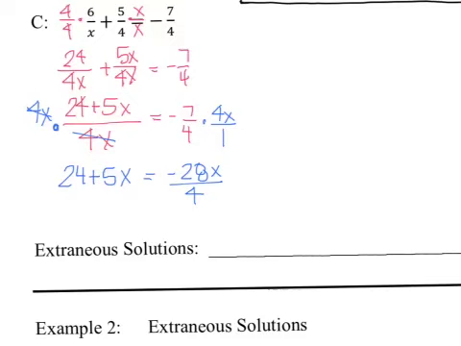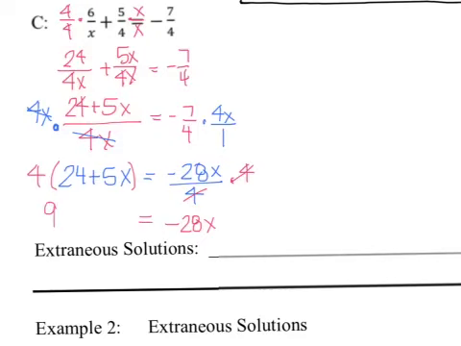Okay, so we need to get rid of that 4. So we can multiply by 4 on both sides. That will cancel with that, and we have a negative 28x over here. And this becomes 96 plus 20x.